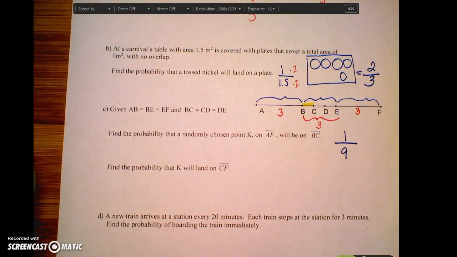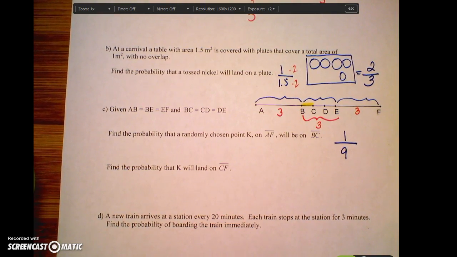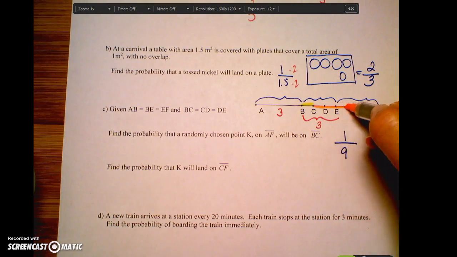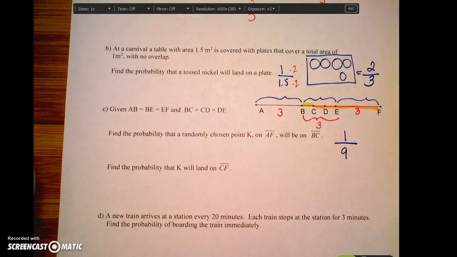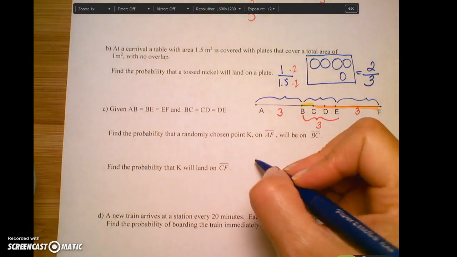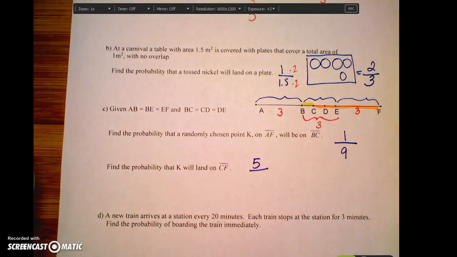Okay, the next question asks you, what's the probability that this random point lands on segment CF? So we take a look, and segment CF is 3 plus 2 more. Segment CF is 5 units long, again, out of the 9 possible units.